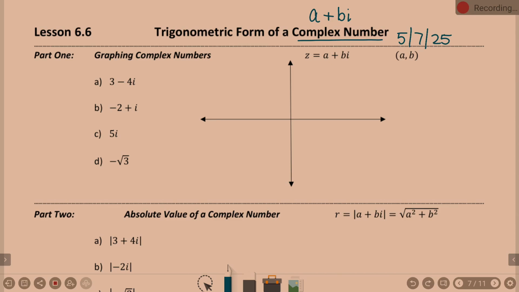Okay? In a normal scenario, the set of axes you're looking at is an x-axis and a y-axis. Well, in complex numbers, this is a real axis and an imaginary axis.